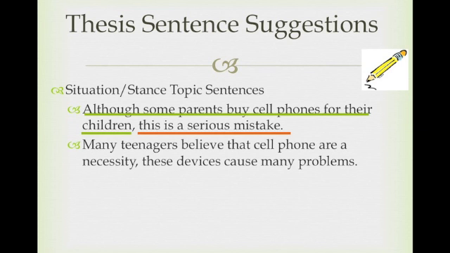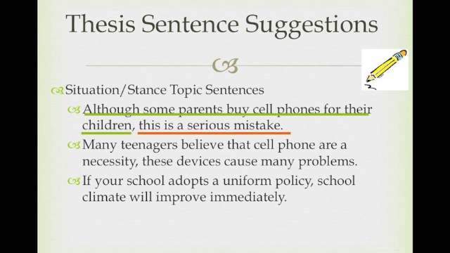Okay, another example. The topic: many teenagers believe that cell phones are a necessity. Your stance on the topic: these devices cause many problems. Notice that you're separating the topic from your position or stance on the topic with a comma. So just remember, it's a compound sentence, and basically you're going to list the topic and then give your side of it. If your school adopts a uniform policy, comma, school climate will improve immediately.